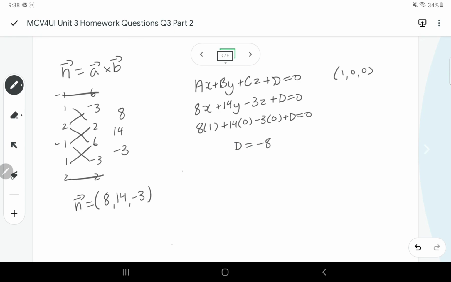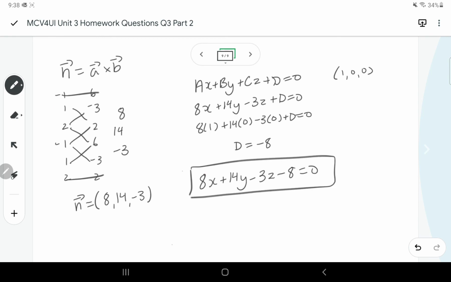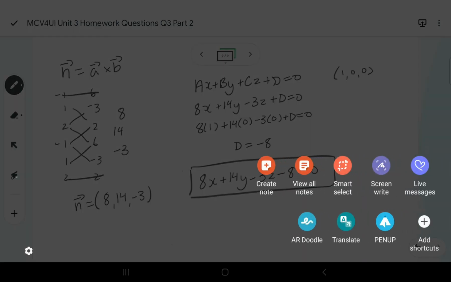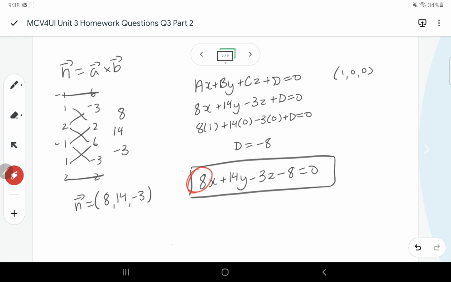I get d is -8. So the Cartesian equation is 8x plus 14y minus 3z minus 8 equals 0. And it's in the proper form. Remember to double check for positive leading coefficient, clear out any fractions, and reduce it if it's not in lowest terms.